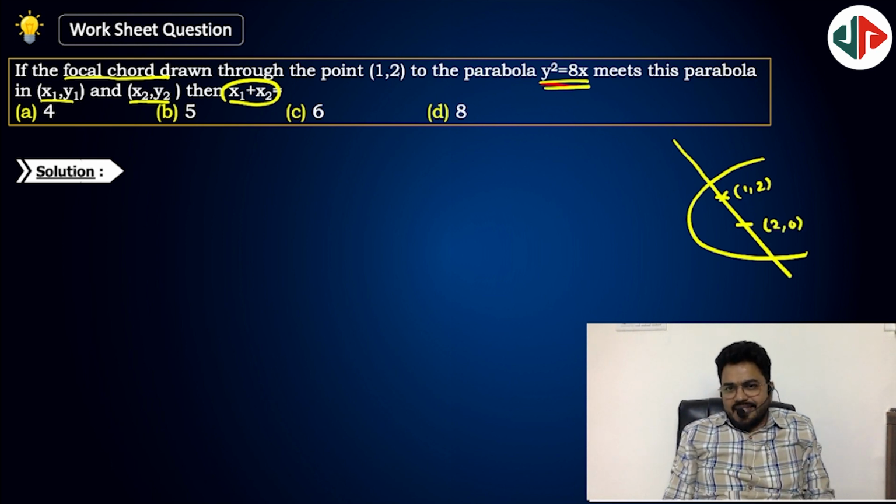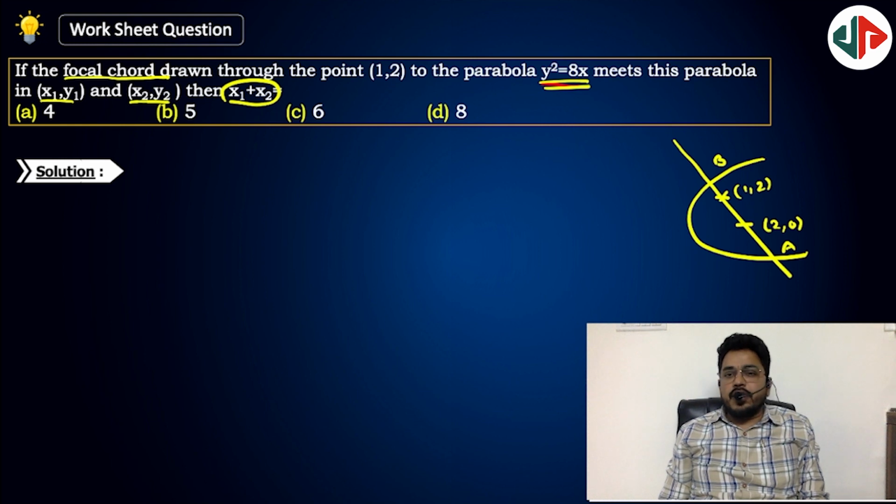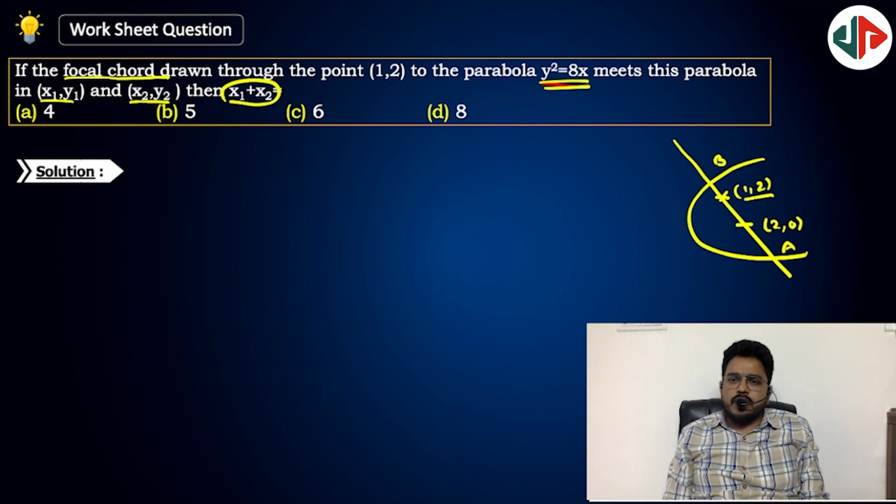Now this line is meeting the parabola at A and B, and we are taking the x coordinates only. What is x1 plus x2? So you write the line equation joining 1 comma 2 and 2 comma 0. The slope of this line will be 2 minus 0 by 1 minus 2, so minus 2 is the slope.